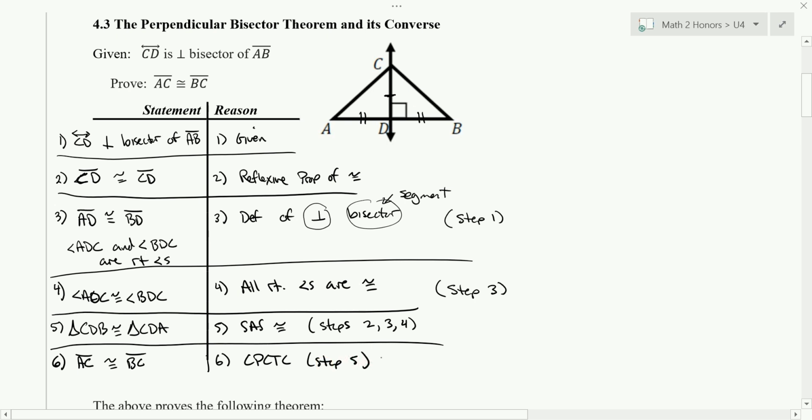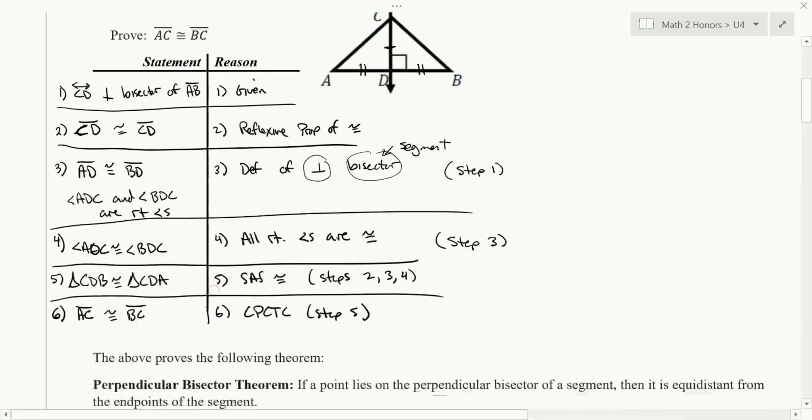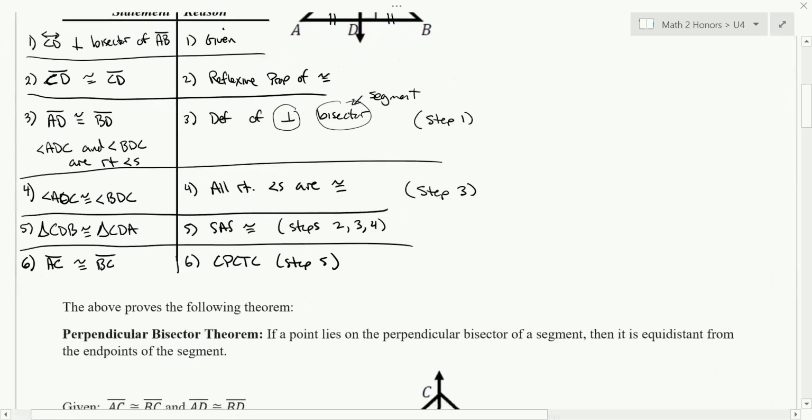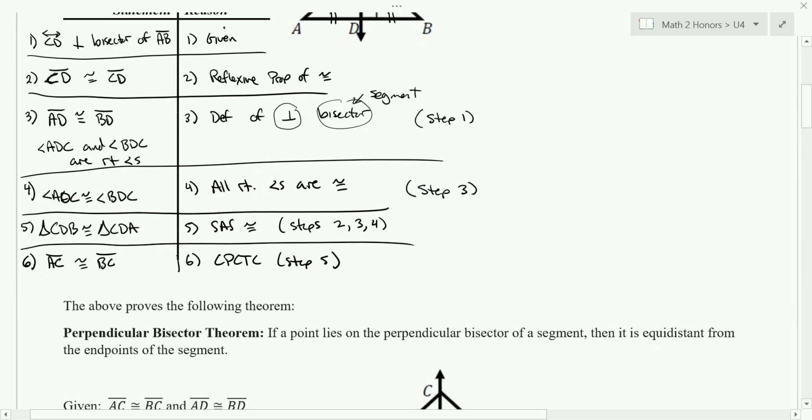This is kind of a standard proof that we maybe saw back in section 9 or 8 for proof steps, where we first learned about CPCTC. But this is a proof that is popular enough that we have a name for it, and we call it the perpendicular bisector theorem. Once you're able to prove something, you can call it a theorem.